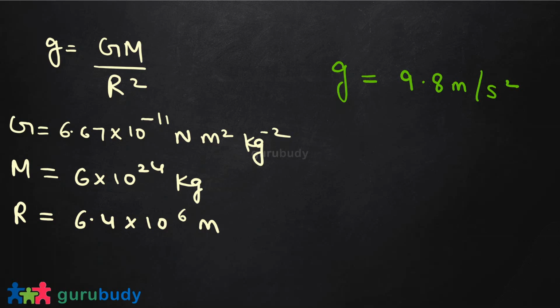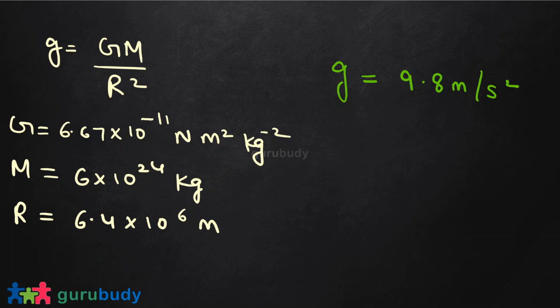What it is telling me is that any object, no matter how big or small, whether I'm throwing a 100 quintal stone upward or a tiny block of 1 gram, the value of g on both objects would be the same. Not only that, every object near the surface of the earth, if it is moving, has an acceleration of 9.8 meter per second square.